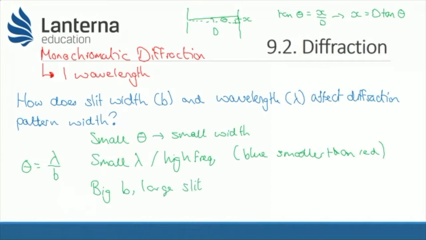If I've got a really tiny slit, then it's going to diffract loads because the slit width gets closer and closer to the wavelength. And we know that we get the most diffraction when the wavelength and the slit width are similar. So a large slit is better. A large slit gives a smaller pattern.